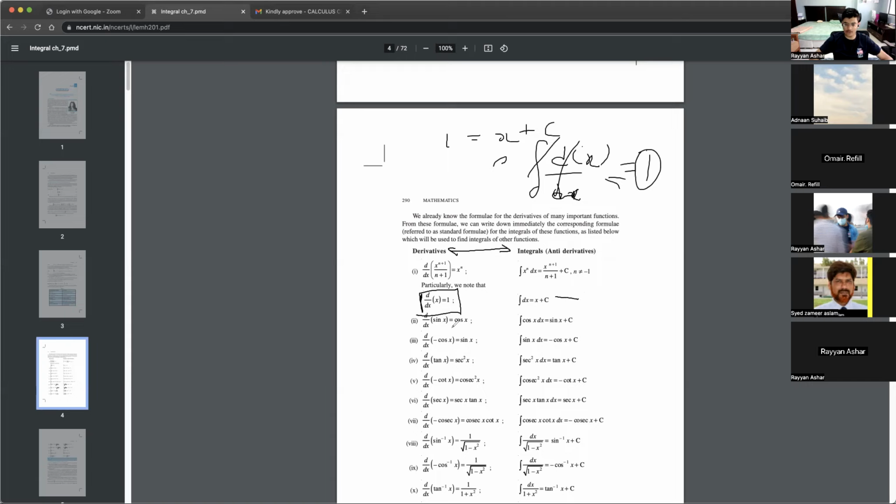Likewise, we have all of these other identities, sine x, cos x. I would like to take into account this identity where it is cos x and sine. Now we know that the derivative, d by dx of cos x, is equal to minus sine x, right? So now there's an extra minus sign.